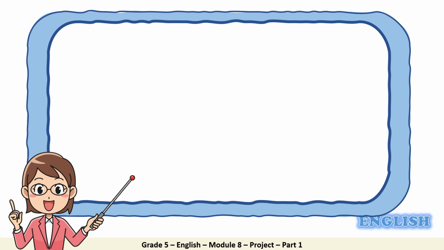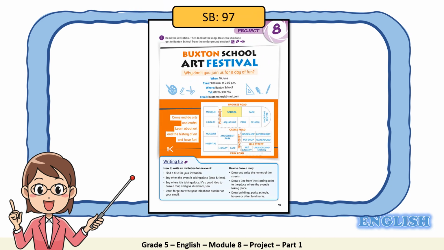To see an example of an invitation, I want you to open your student book on page 97. As you can see, this is an invitation to a festival, a school art festival. It's clear from the title. But when and where is it taking place?